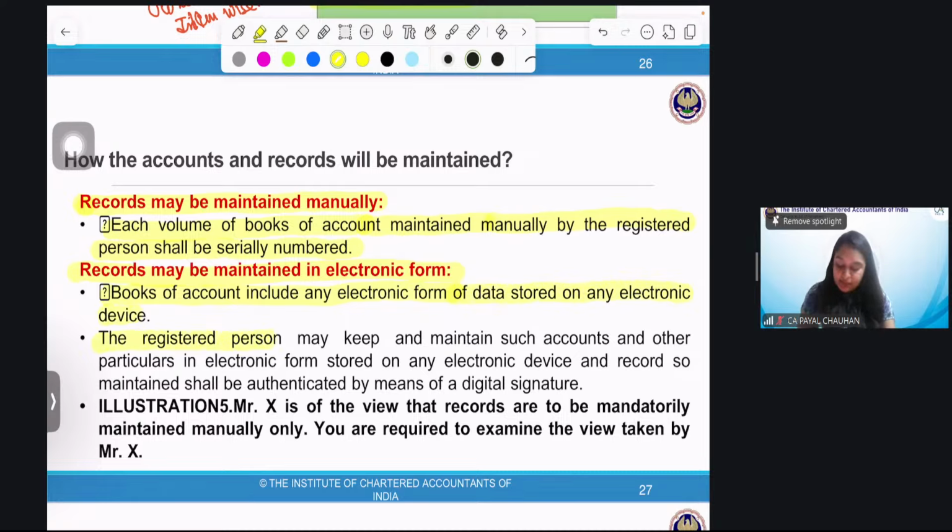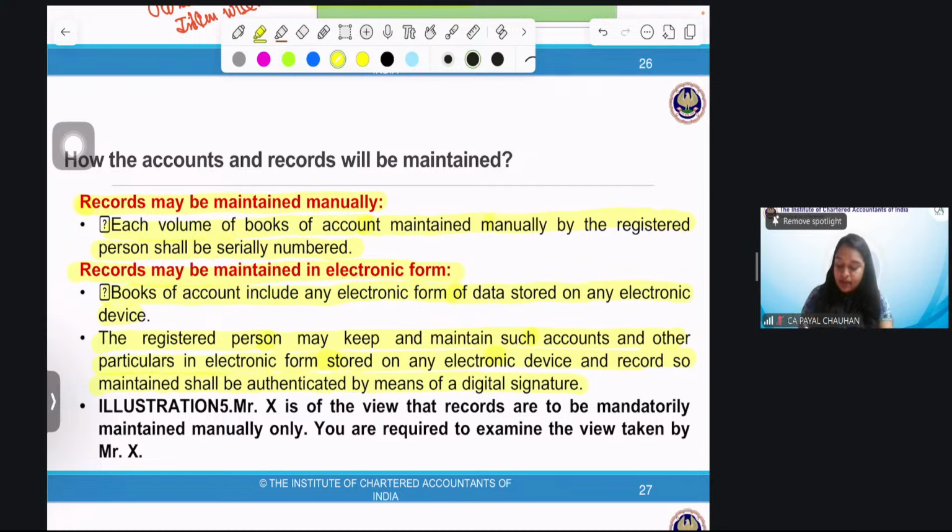The registered person may keep and maintain such accounts and other particulars in electronic form stored on any electronic device, and records so maintained shall be authenticated by means of digital signature. So it is your choice. You can have your books of account manually also. For listed companies it is mandatory to maintain electronically, but of course true.